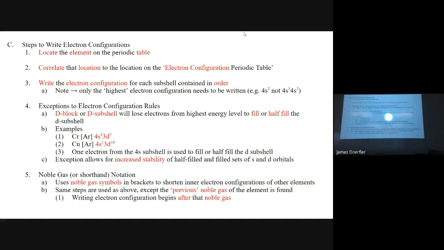And number 2, I kind of go about it a different way. If you want to, you can do it this way. Correlate that location to the location on the electron configuration periodic table, which is what I gave you as a reference. After a while, you probably won't need that table that I just gave you.